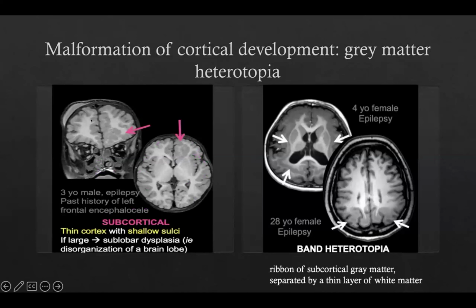Apart from periventricular heterotopia, there is also subcortical heterotopia, where the gray matter is noted abnormally within the subcortical regions. And there's also a terminology called band heterotopia, where there's some ribbon-like subcortical gray matter, and this abnormal gray matter is separated from the cortex by a thin layer of white matter. So when you say heterotopia, it could be periventricular, subcortical, or band heterotopia.